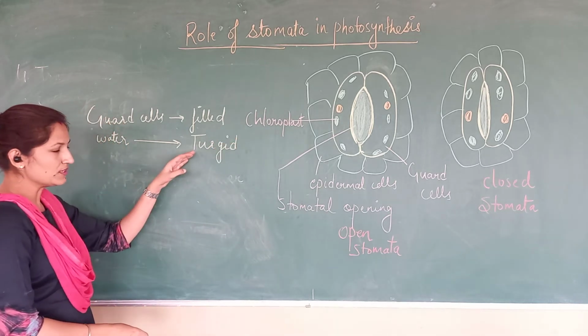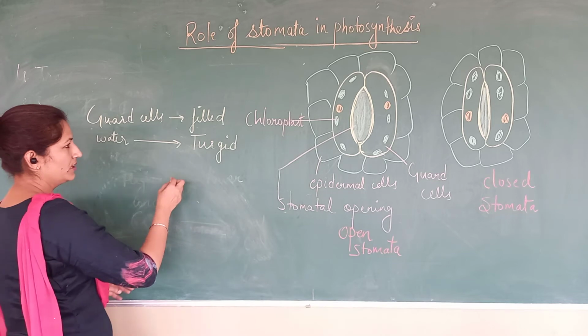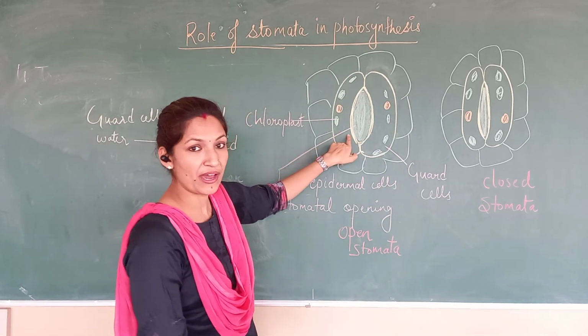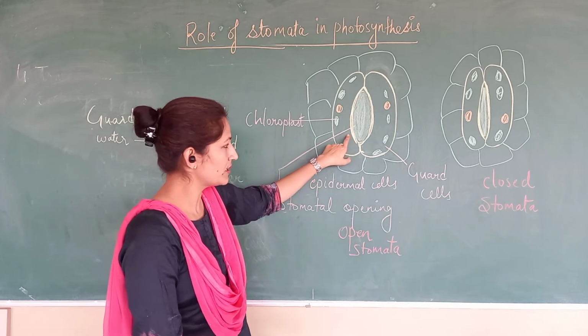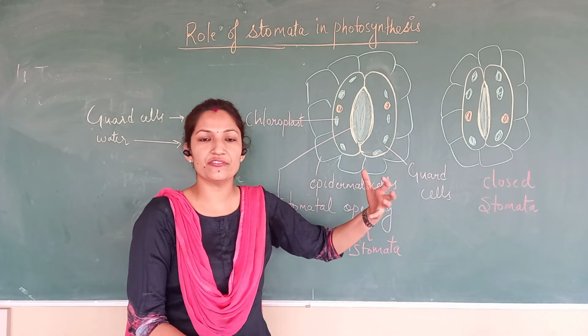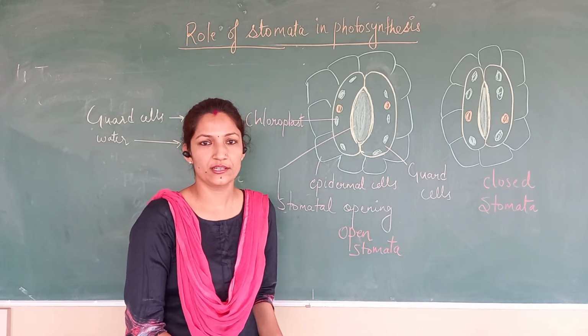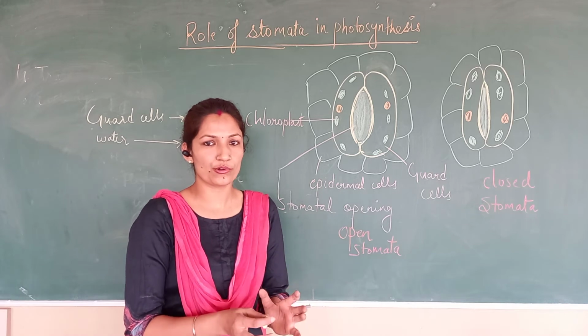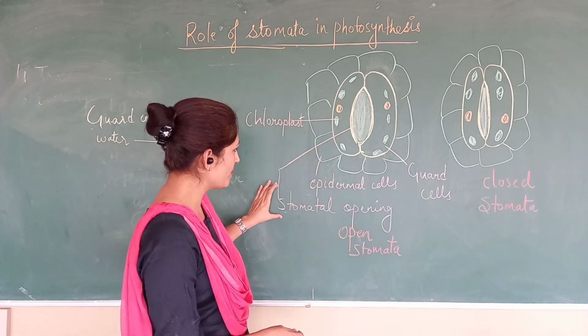Fine, and when the cell becomes turgid, the inner wall of the guard cell is comparatively thick. So that results in creating a kind of pressure, turgor pressure, and that results in creating a pore, which is termed the stomatal pore.